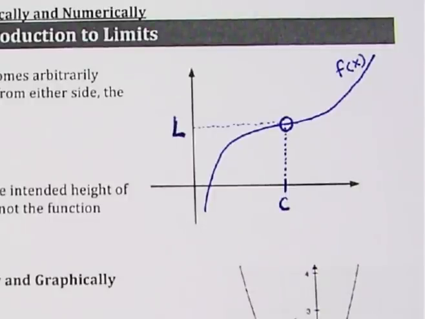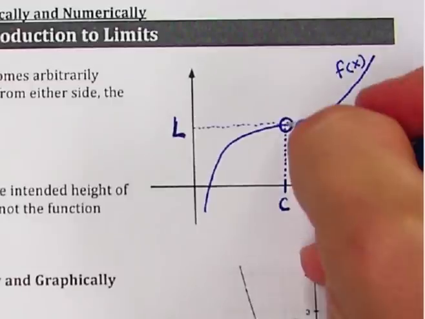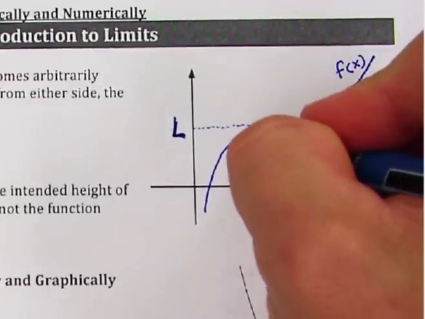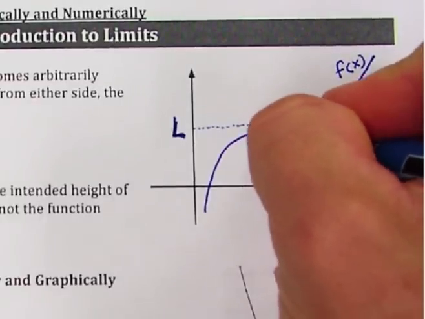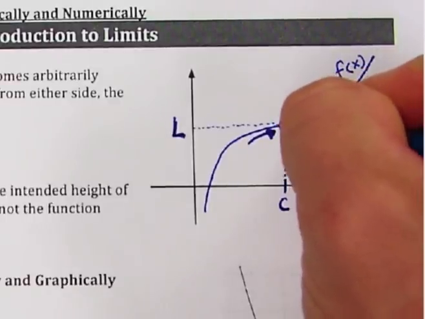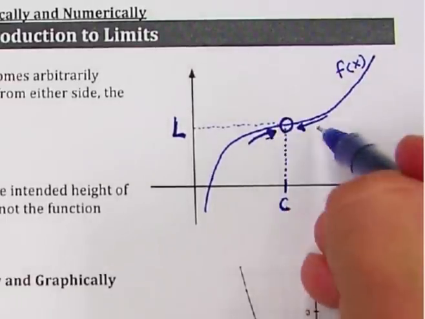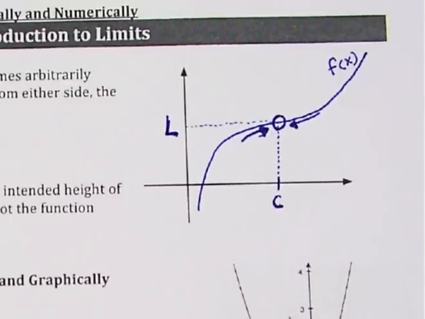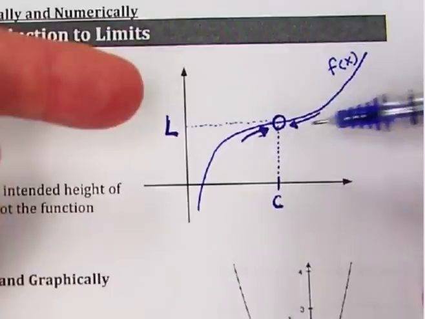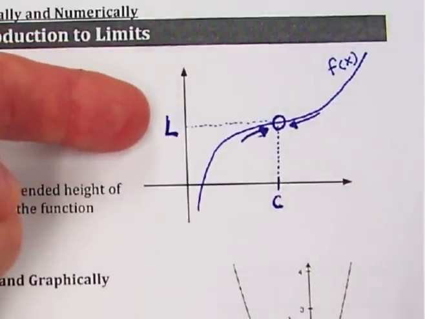So what's happening here is we don't care what this value actually is. Rather, we care what value we are getting close to as we approach this x value from both sides. As we get closer from the left and from the right, what value are we getting closer to? And that's our L value.